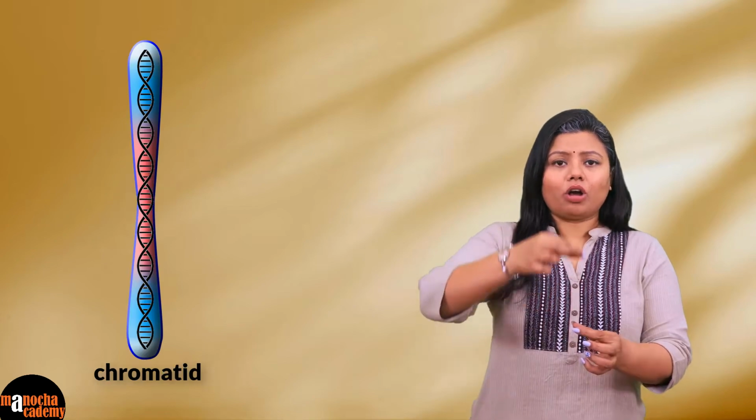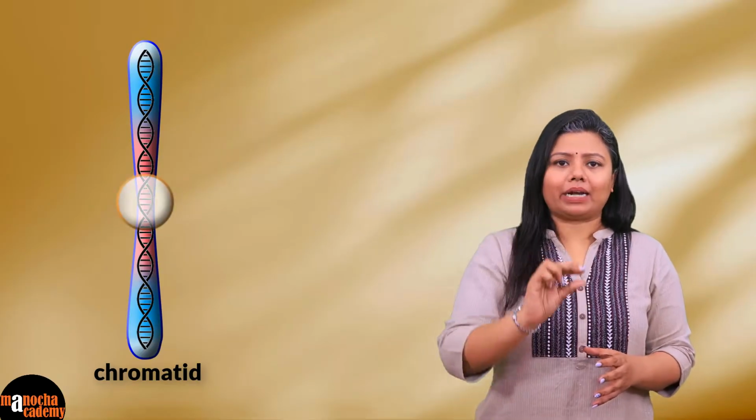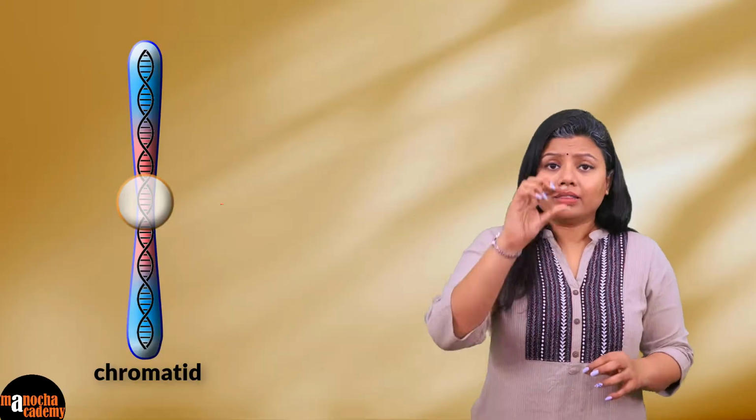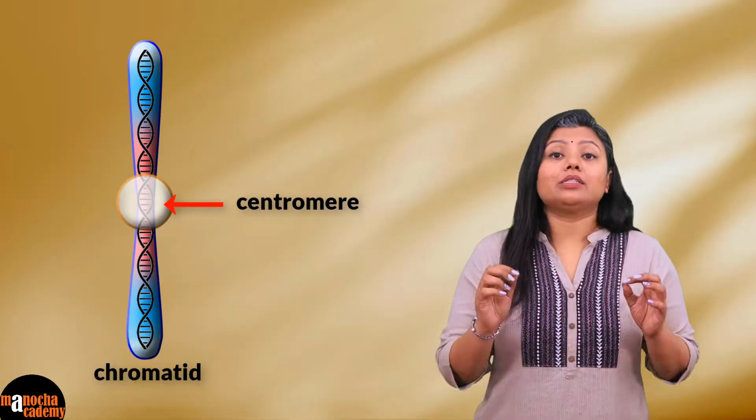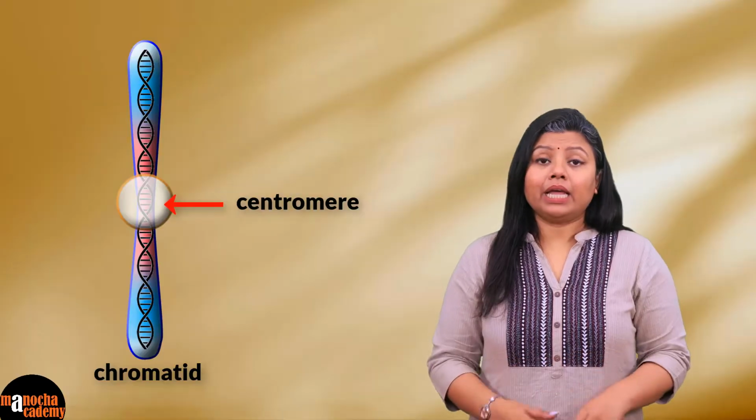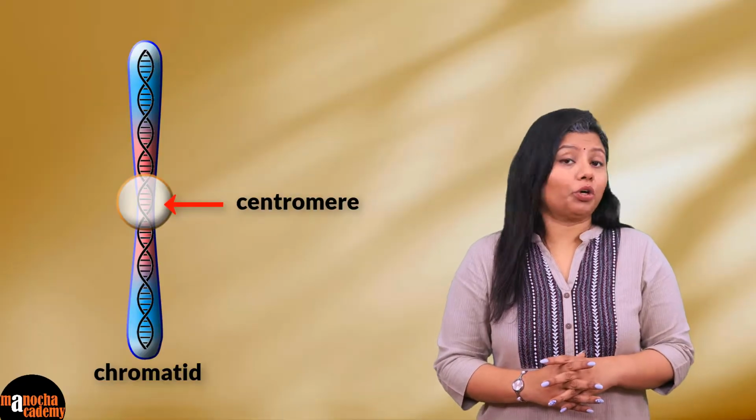Now these chromosomes contain rod-shaped structures called chromatids, and somewhere in the chromatid there is a clear region which does not take much stain. This clear region is known as the centromere. Inside the chromosome, what do we have?